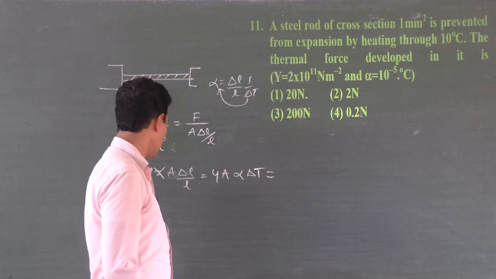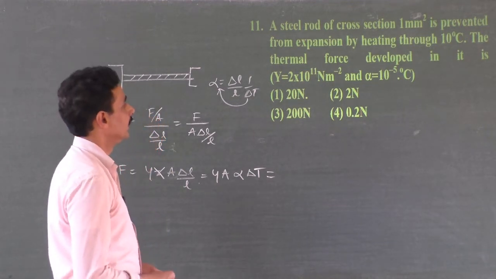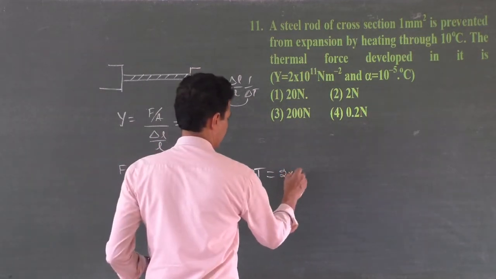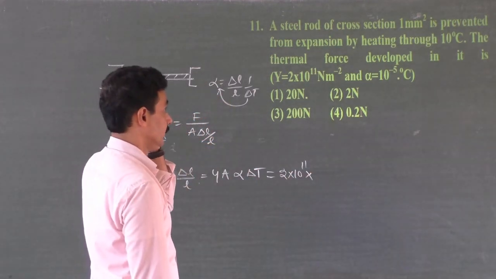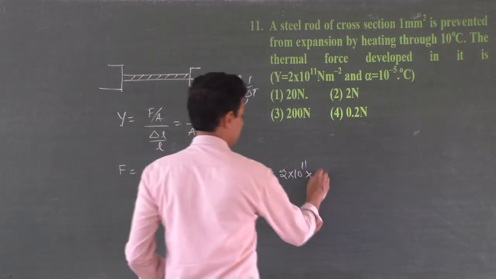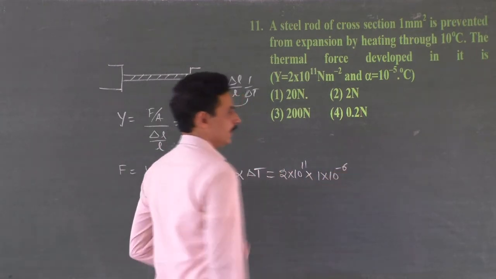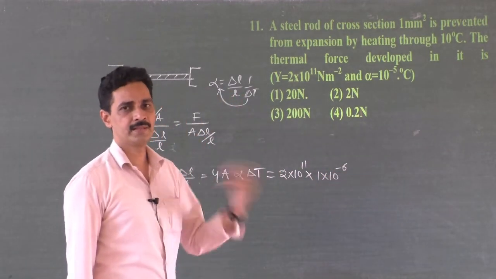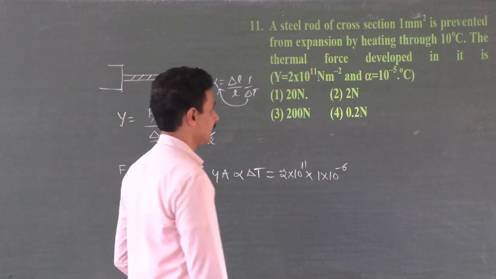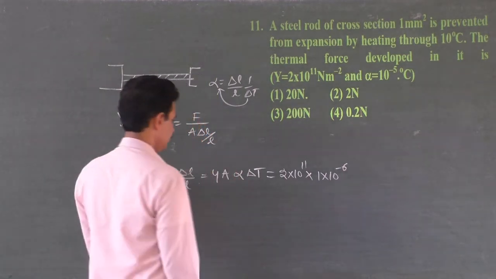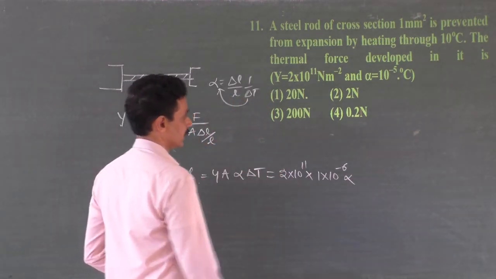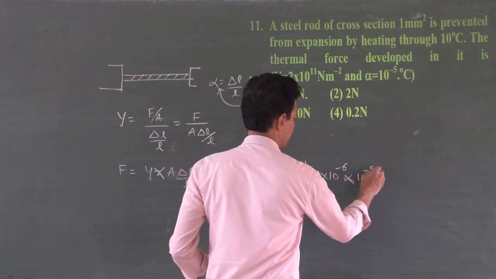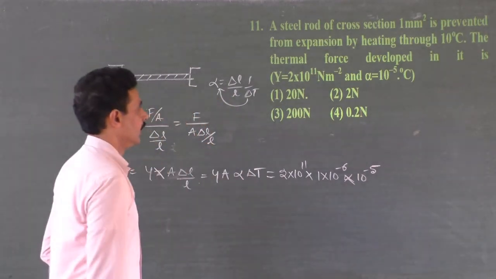Young's modulus is 2 into 10 to the power 11, area of cross section 1 millimeter square. 1 millimeter square means 10 to the power minus 3 into 10 to the power minus 3, that is 10 to the power minus 6 meter square. And the coefficient of linear expansion alpha is 10 to the power minus 5 per degree Celsius.